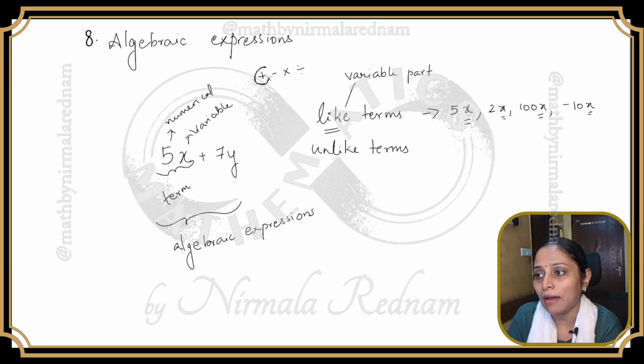So if you have to add two or more algebraic expressions, if it were numbers, then you know how to add two numbers, right? You've already learned it in your previous classes, how to add two numbers. What do you mean by adding two algebraic expressions? So for example, I have 2x minus y plus z.